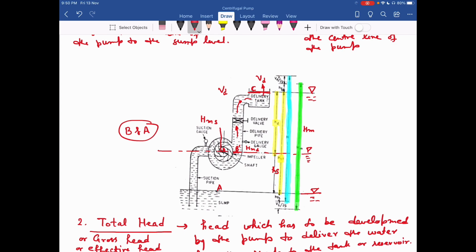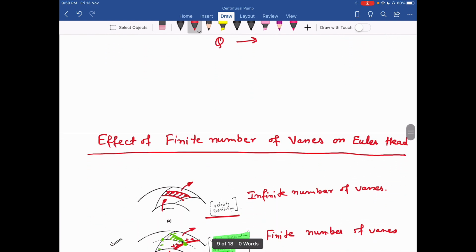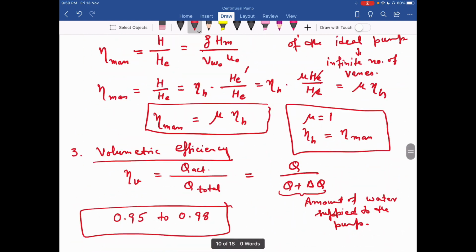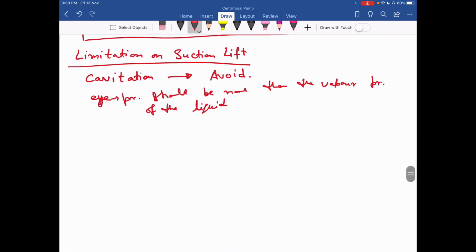So if I apply Bernoulli's theorem at these two sections, at section B I can write the pressure head, that is Hms, plus Hs, plus Vs square divided by 2g, plus the frictional loss in the suction pipe, equal to Pa divided by w or rho g, plus the elevation head, that is the datum, plus the velocity head, that is 0.